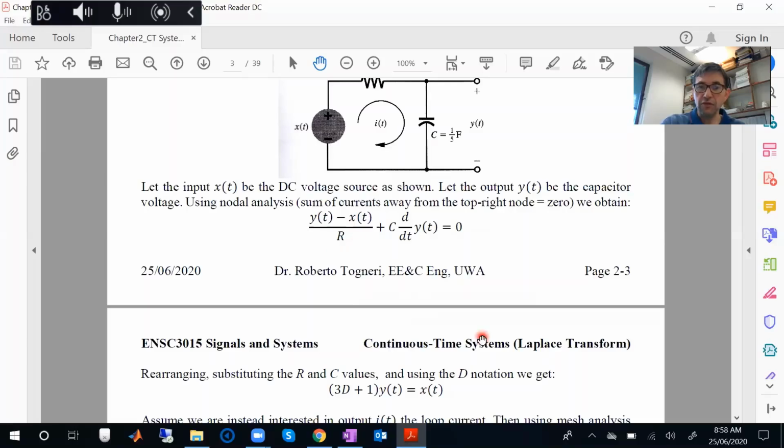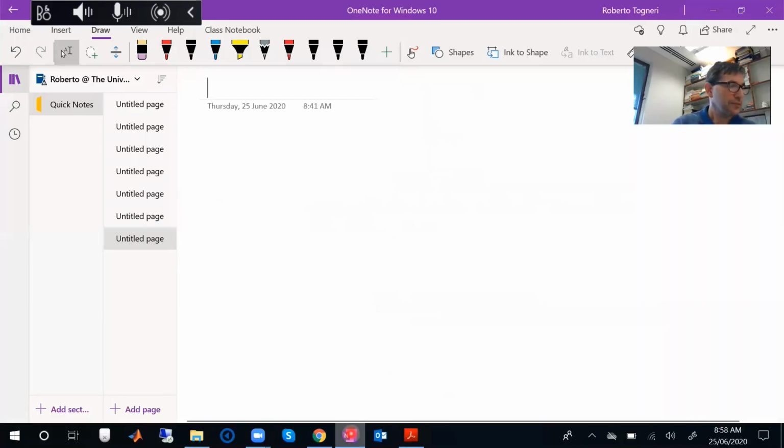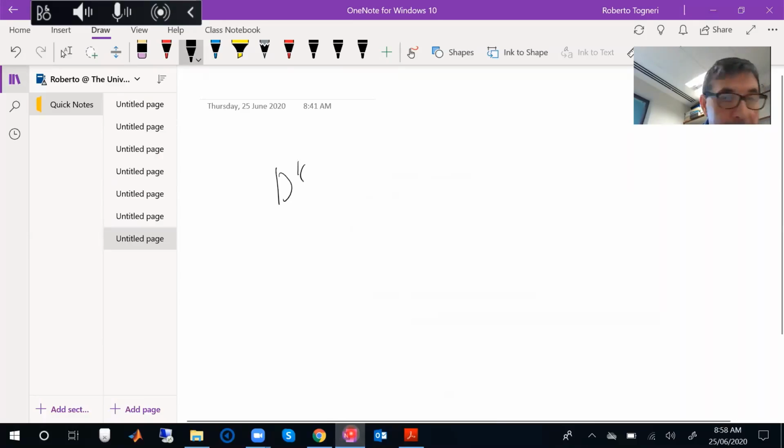Now you'll notice I've introduced the D notation. Now the D notation, and this is where I can jump to my OneNote, is defined as this. A very clever way to simplify the maths.